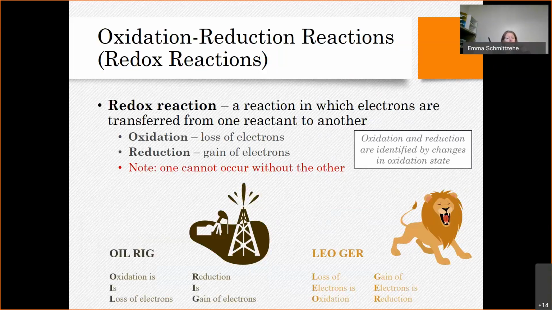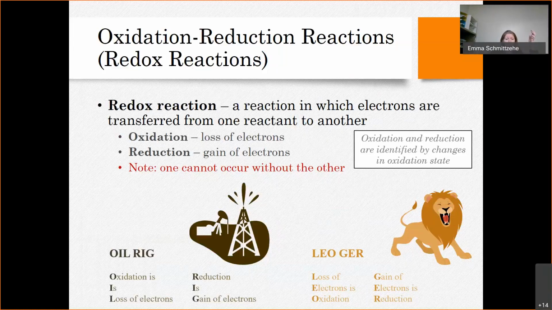And we do that for each element within a substance within an entire reaction. And then we look at, are there any changes in those oxidation states? And changes in oxidation states are going to indicate that you have either an oxidation or a reduction of a particular element, okay? And so first, before we can get to actually identifying oxidations and reductions, you have to be able to assign oxidation states, okay?